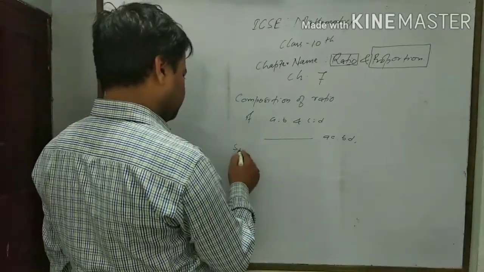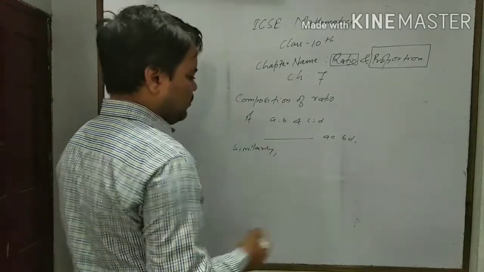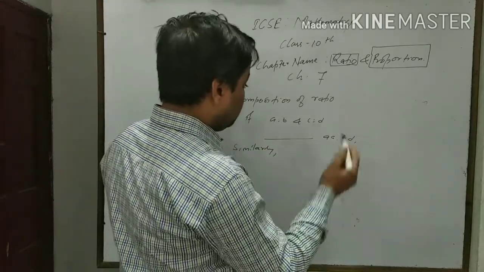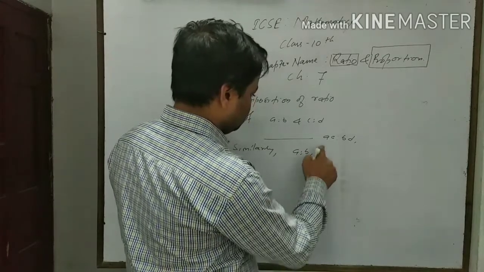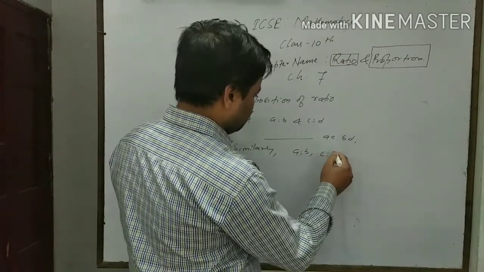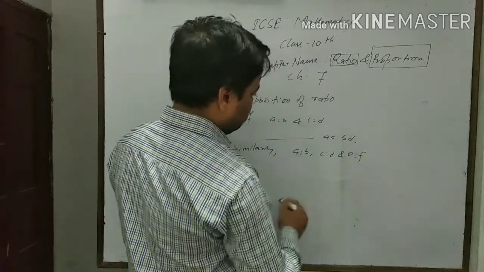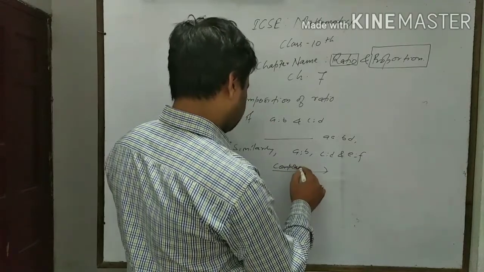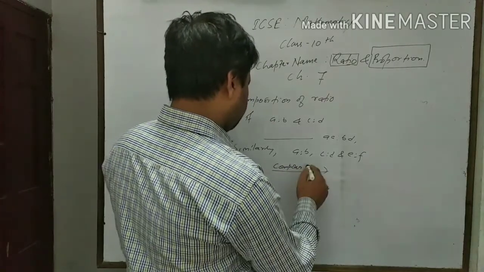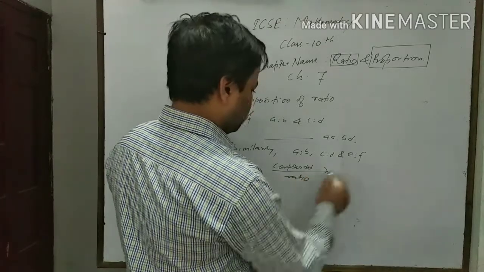Similarly, if we have three ratios, A is to B, C is to D and E is to F, then the compounded ratio is what?